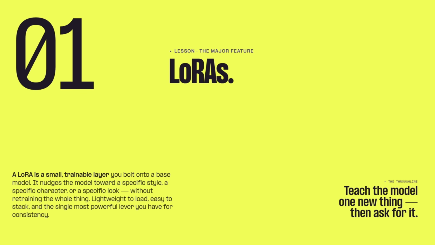It's a little mini model hat that totally changes the look of the person without having to retrain the whole model. So this is really lightweight to load. It's easy to even stack. You can stack multiple LoRAs. You can stack multiple hats. And this becomes a really powerful technique to control both consistency, but also style.